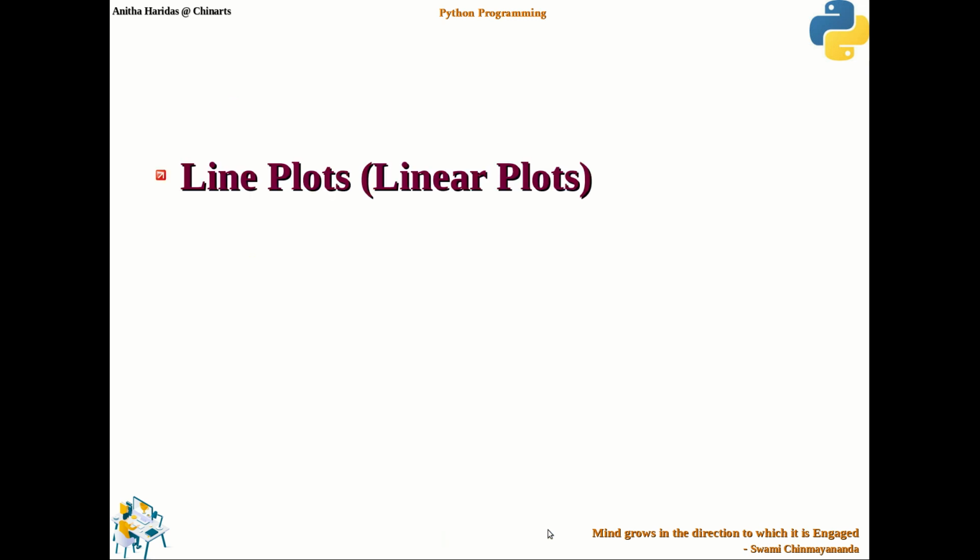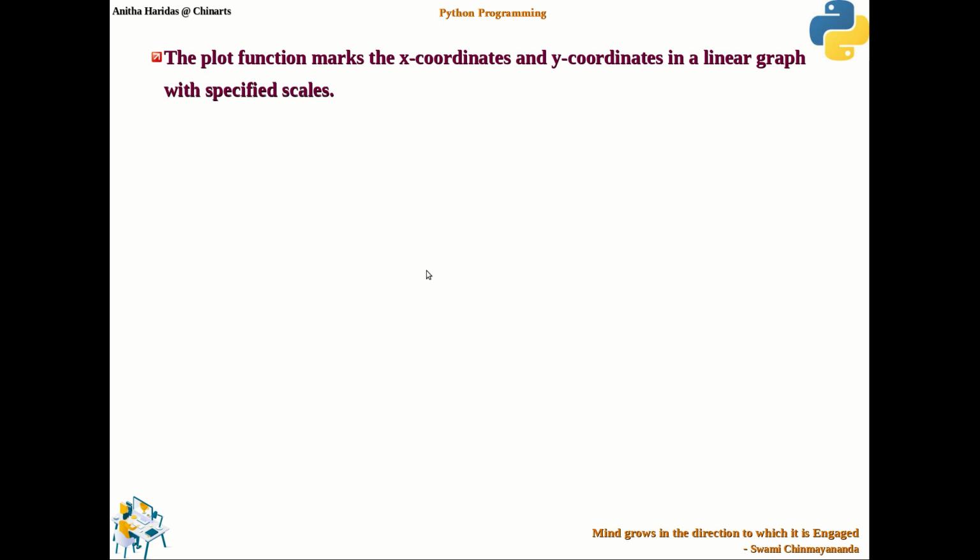So let us see the line plots, which are also known as linear plots. The plot function marks the x coordinates and y coordinates. The plot function is the one which is used for linear plots. So it marks the x coordinate and y coordinate in a linear graph with the specified values.